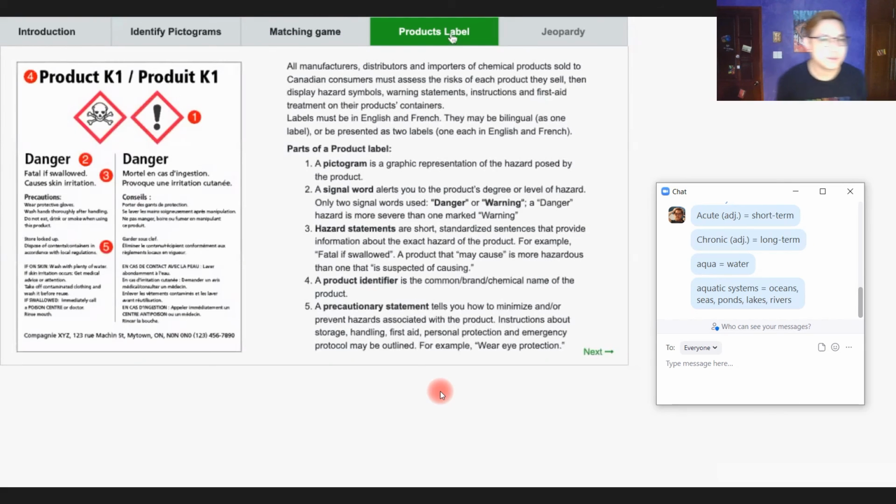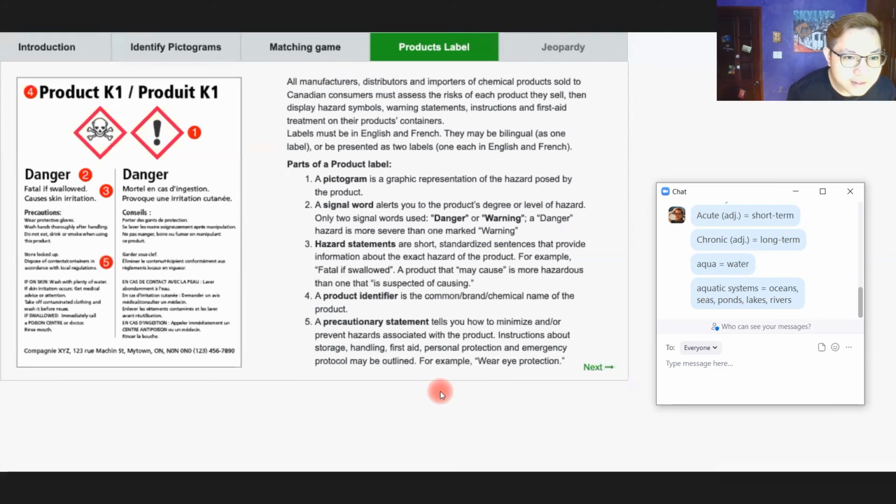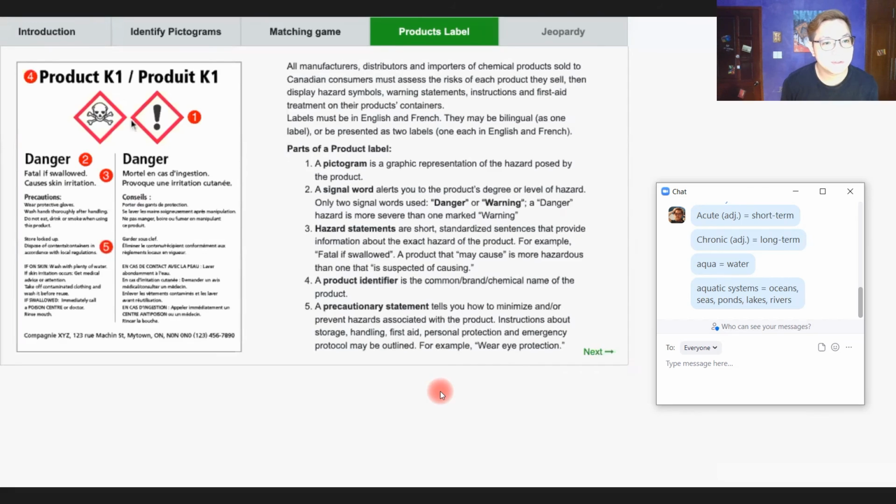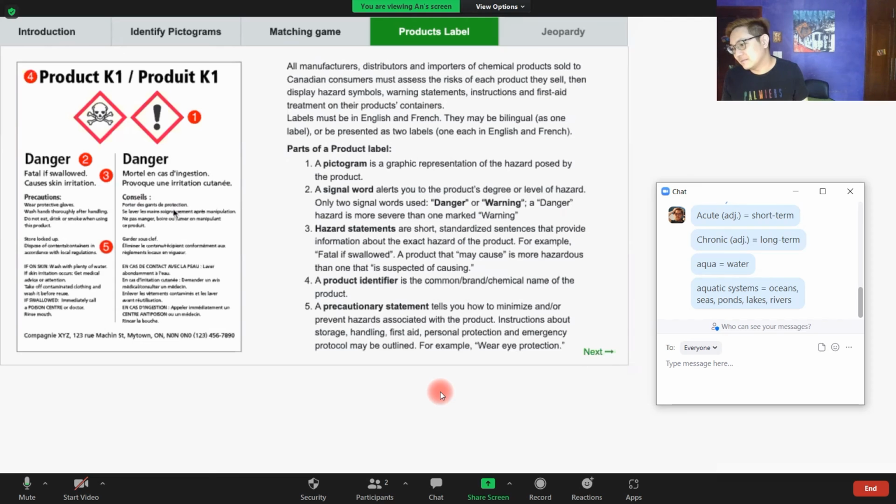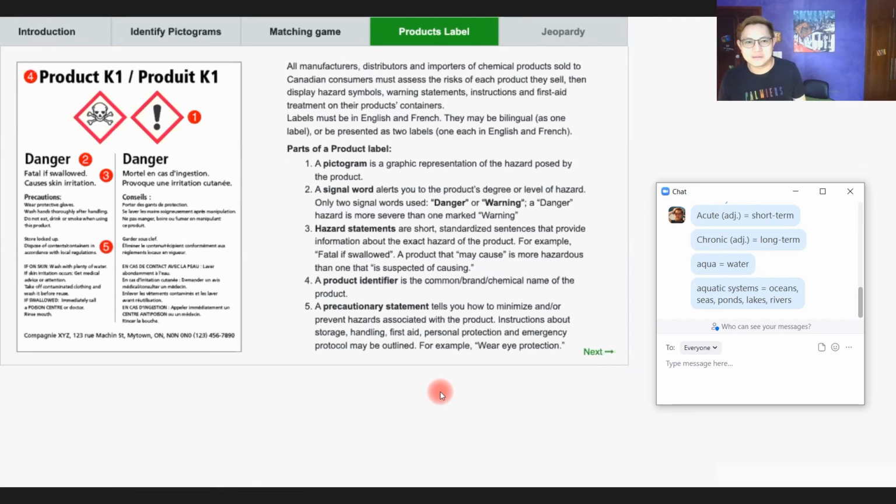Okay, product label. Product K1. Okay, this is like French and English. Produit. Can you read French? I think a bit. Provoque une irritation cutanée, I think. I'm not so sure because the last time I learned French was like 28 years ago.